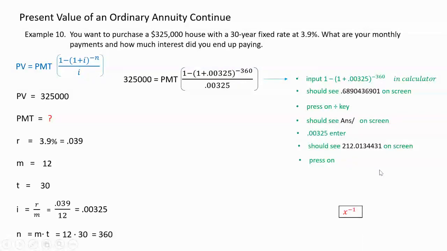You press the inverse key. Then you're going to enter the 325,000 on your calculator, and you're going to get $1,532.921664, which rounds off to $1,532.92. These are your monthly payments.